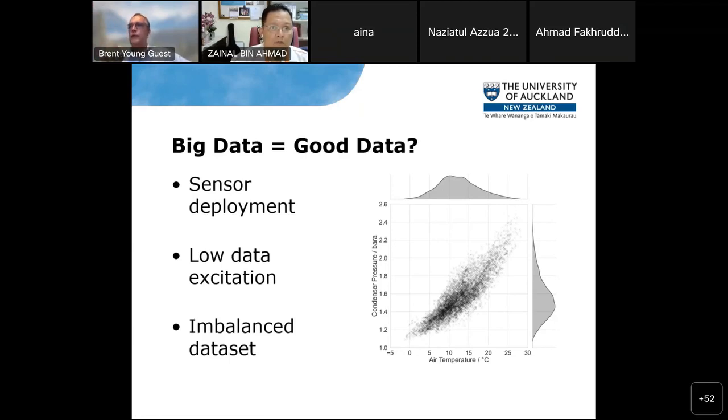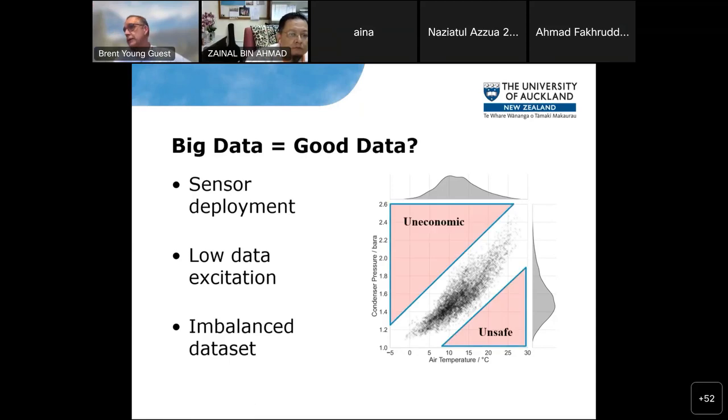It's really centered on those common operating points. You don't have much data outside that, and for good reason. It might be uneconomic to operate at high pressure in this case, and so you actually want to avoid that. You also perhaps don't want to go to high temperature, because that could be an unsafe area of operation. So these limits, constraints, do exist, and it's good process control to be aware of them and control to them.